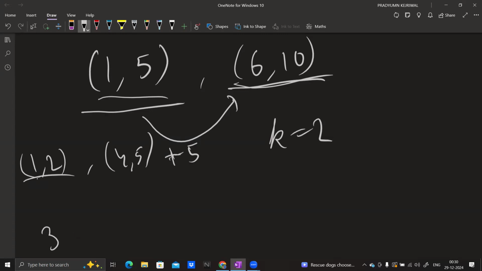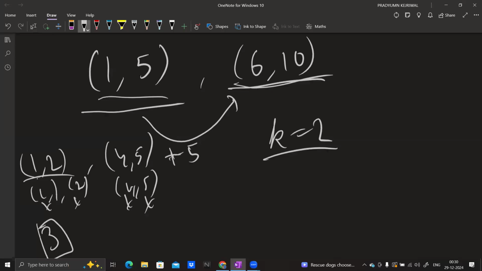Then it would break down this into 1 and 2 and this into 4 and 5, and then it won't look at these because k equals 2 and their length is just 1. So the answer for 1 to 5 is 3. Now guys, can you tell me the answer for 6 to 10 without calculating? 8. We just added 5 to this.